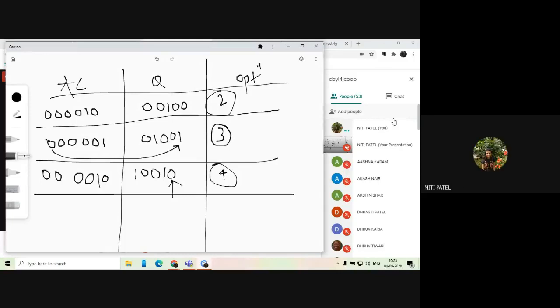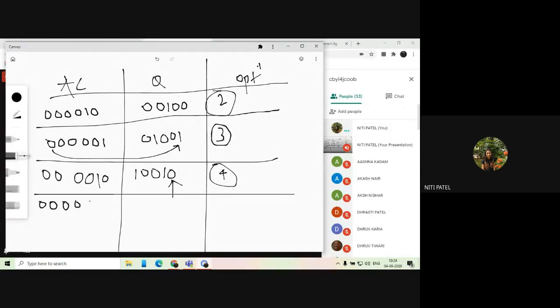Check the answer of your last cycle, fifth cycle. Zero, zero, zero, zero, 1, 0. Contents of Q as 0, 0, 1, 0, 1.